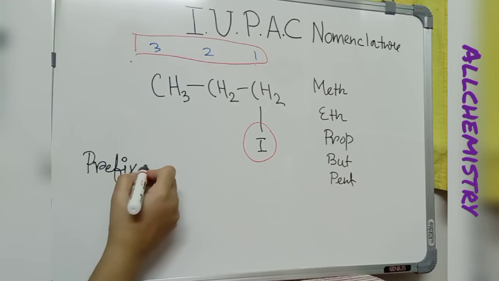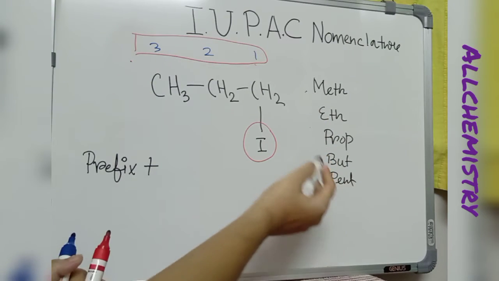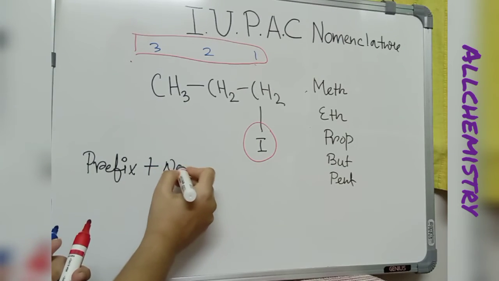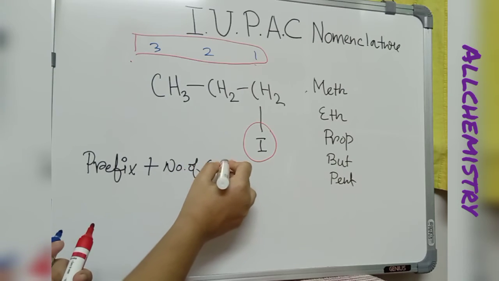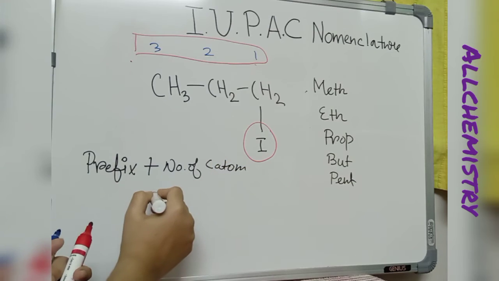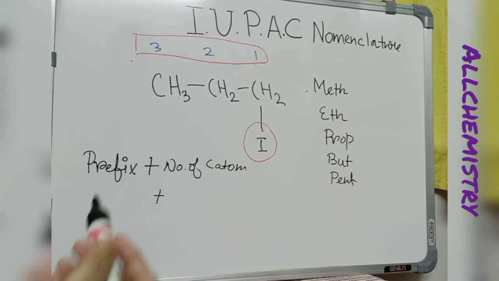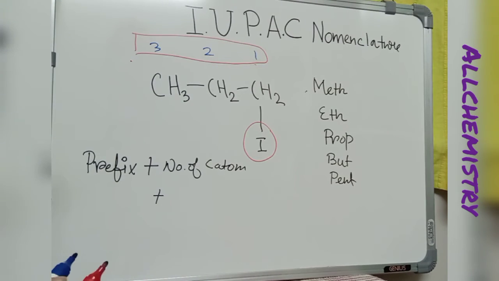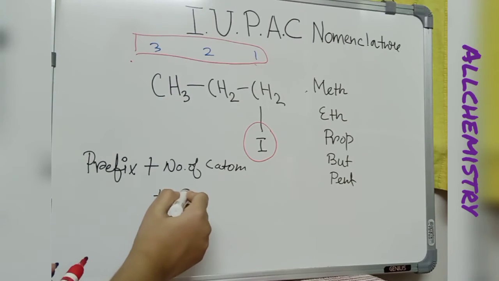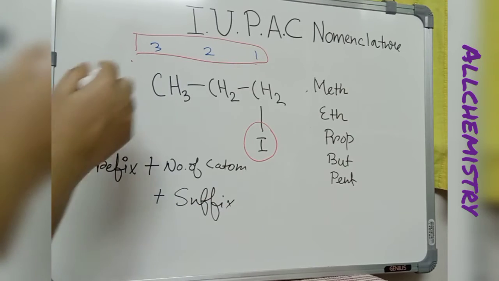Then we have to write the number of carbon atoms in terms of meth, eth, prop, but, pent. Then we have to add -ane, -ene, -yne, or if we have any other priority group, we have to add the suffix for that group.